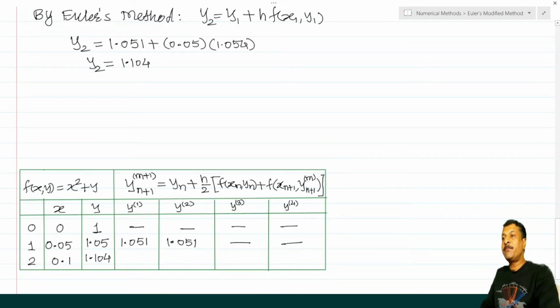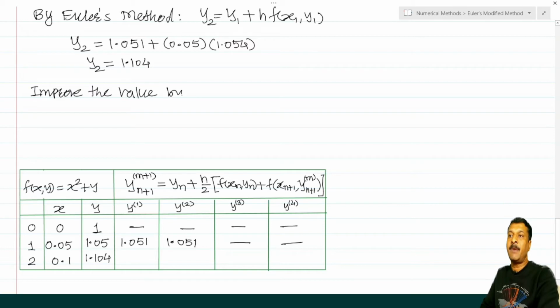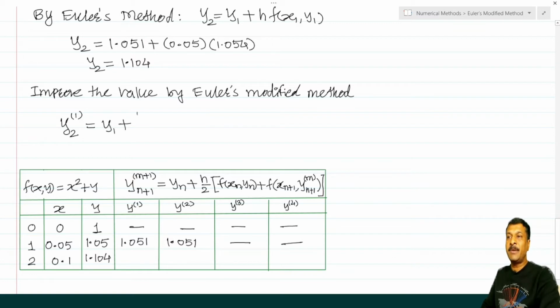Now I want to improve this value. Note that it is at the 0th position, I will denote it by 0th position. And therefore improve the value by Euler's modified method. So what is that formula? y2 at the next position, that is the first position, is equal to y1 last value plus the average value of f of last x1 y1 plus f of the new value, that is x2 and y2 last value, that is the 0th position.